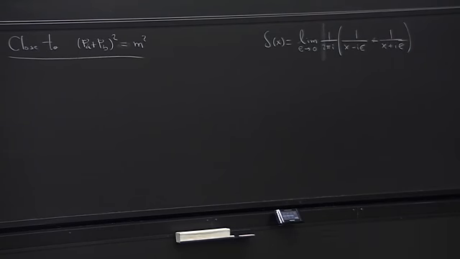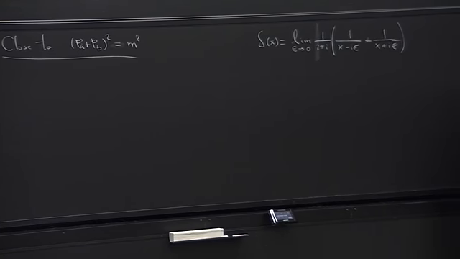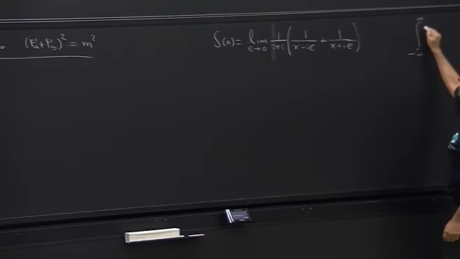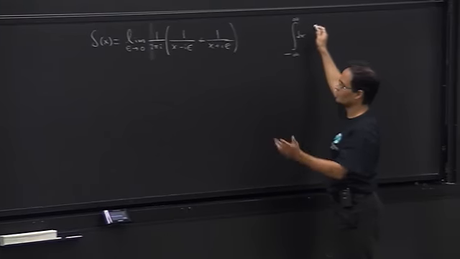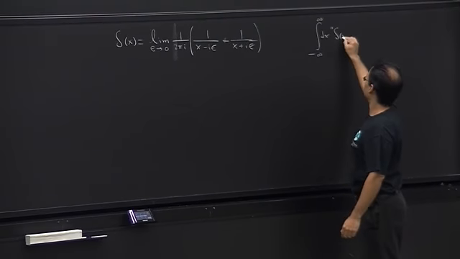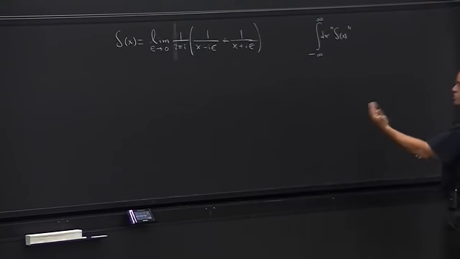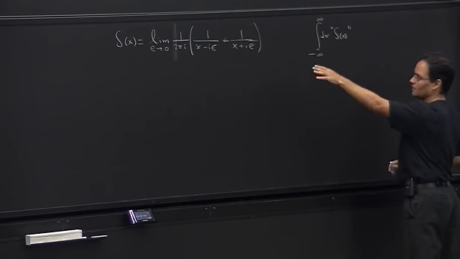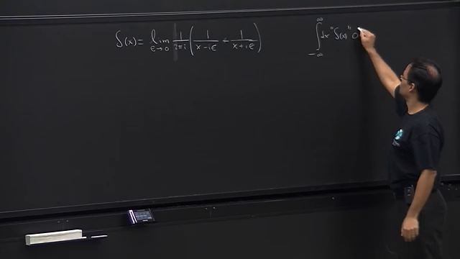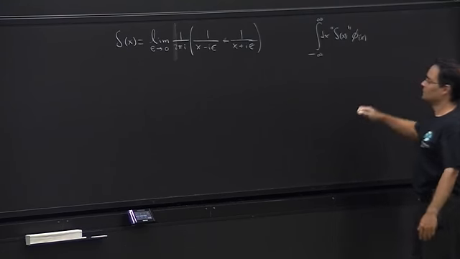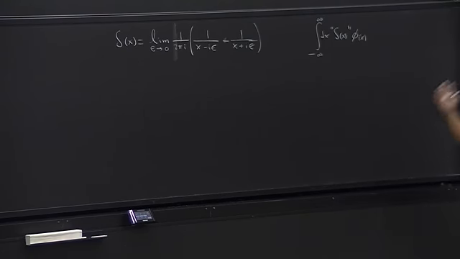If you haven't seen it, then prove it by doing the following integral. If you don't believe that it is true or you haven't seen it, you should not assume that this is a delta function yet. You just take a test function here that is assumed to vanish at infinity, even in the complex planes.